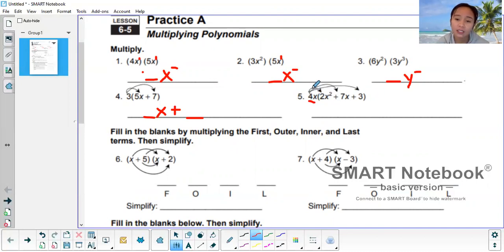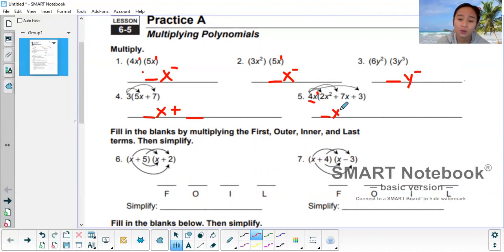Now for this one, number 5, you multiply 4x to each term inside that parentheses. Now, 4x times 2x squared. So let's do the coefficients. What's 4 times 2? You write it down. They're both x's. So you write x. Take note that if you have an x only, no exponent, that means it's just 1. So when you add the exponents of those which have the same basis, do 1 plus 2.